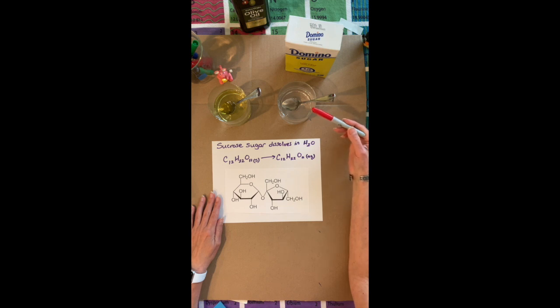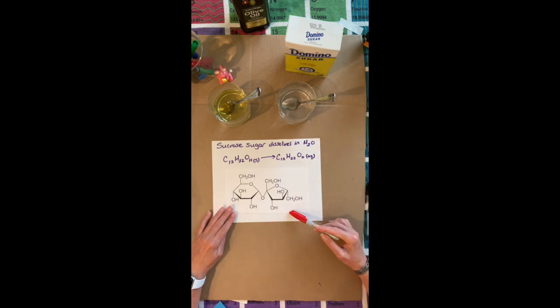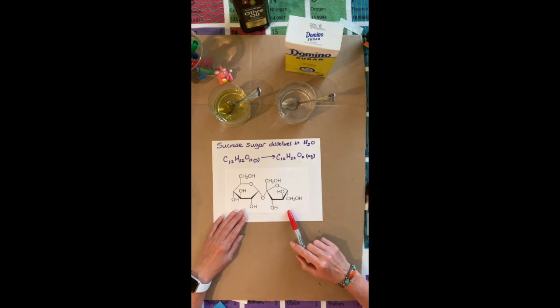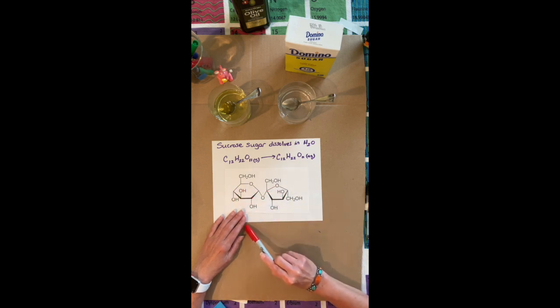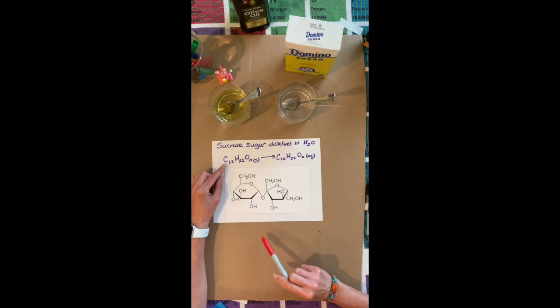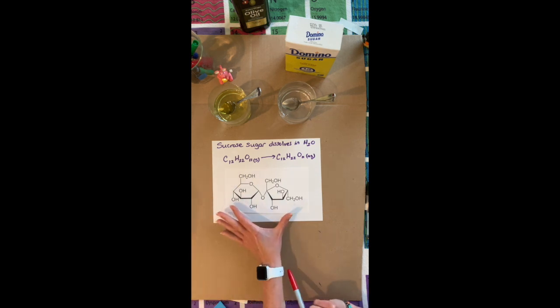Well, sugar is not an ionic compound. I mean, here's the chemical formula for sugar. By the way, pretty complicated. These are carbon rings making up this sugar molecule. C12, H22, O11. That is this one molecule.